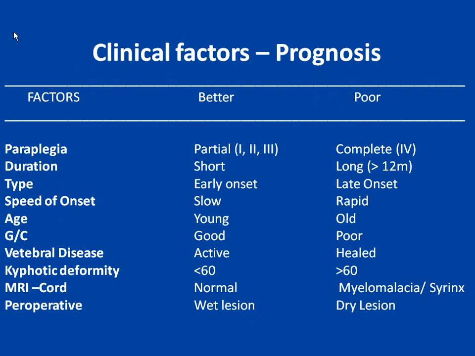For those patients who present to us with paraplegia, which is partial, grades 1, 2, and 3 are possibly better, and those with complete paraplegia are the poor ones.